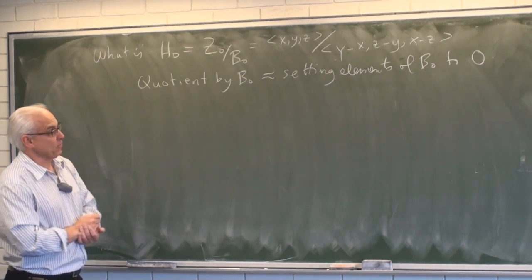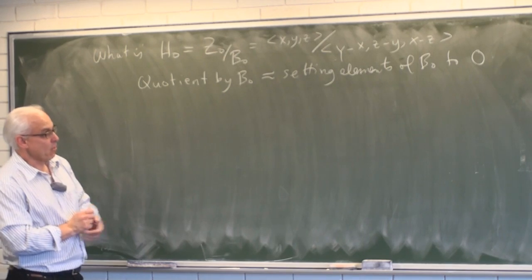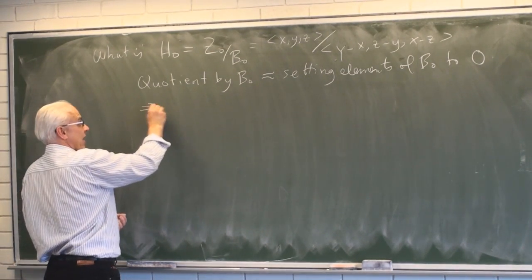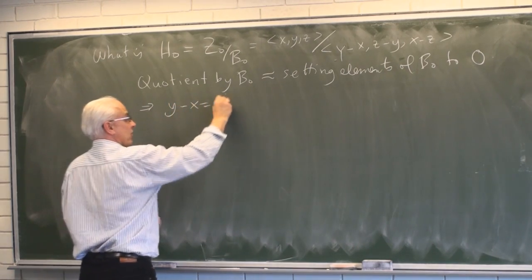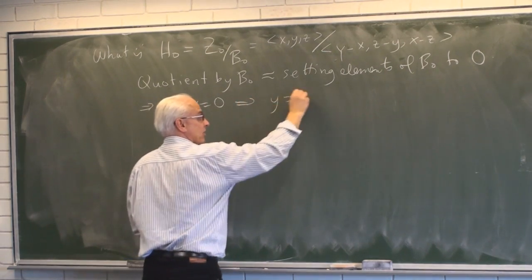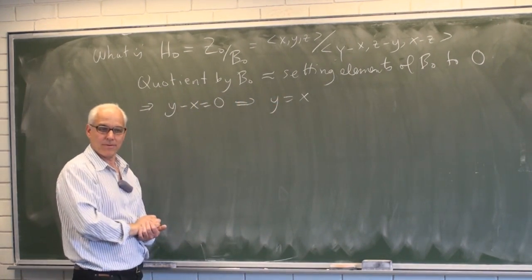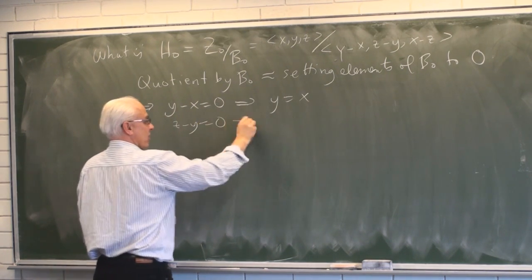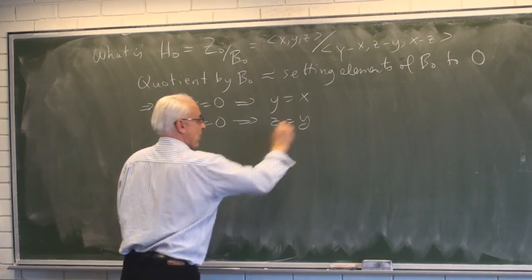Okay, so what happens here if we do that? Well, if we set all these things equal to 0, it means that effectively y minus x is 0. So that means that essentially y is equal to x. And if z minus y is equal to 0, that means that z is basically equal to y.